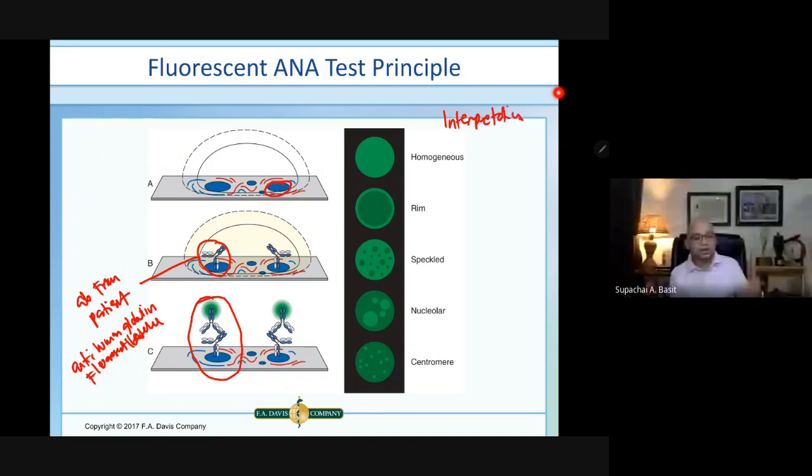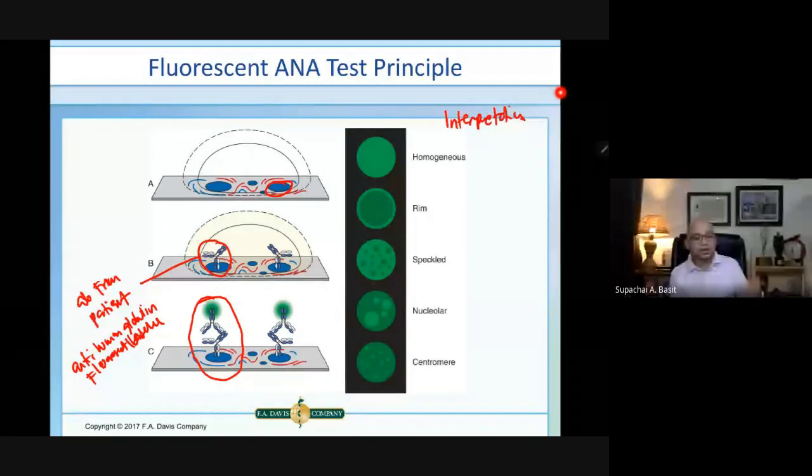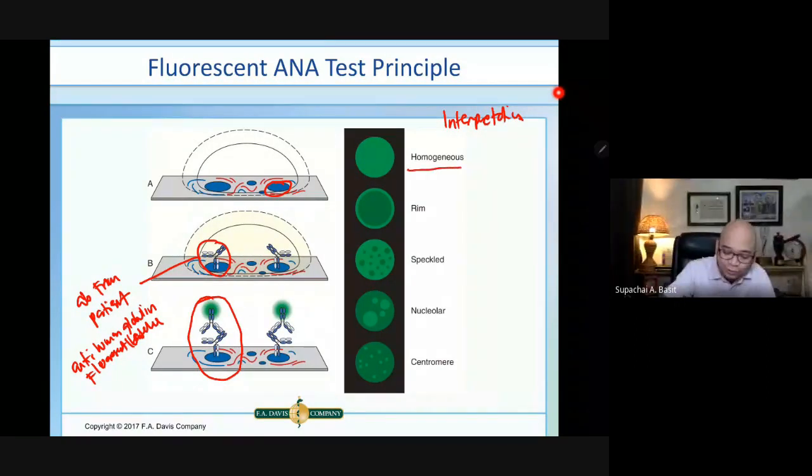So you will now interpret the cells. This is how homogeneous looks like. This is rim. You can actually see that fluorescence is seen at the side, so you call that rim. Speckled. And then you have the nucleolar, and then you have the centromere.